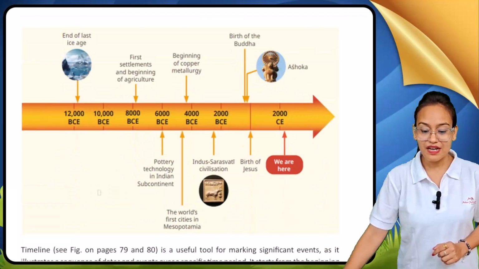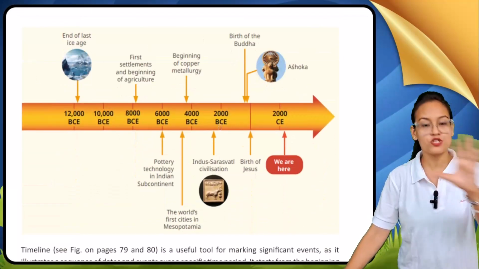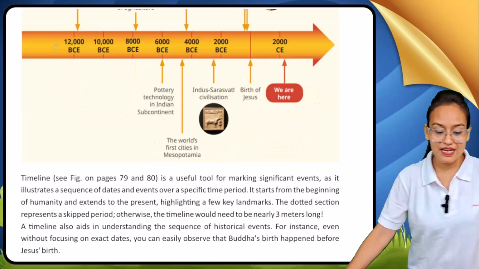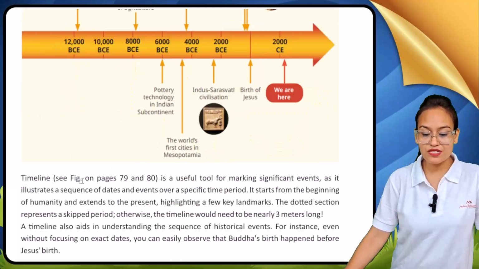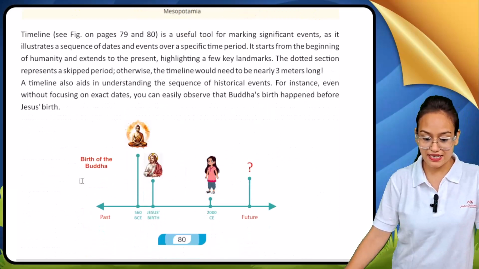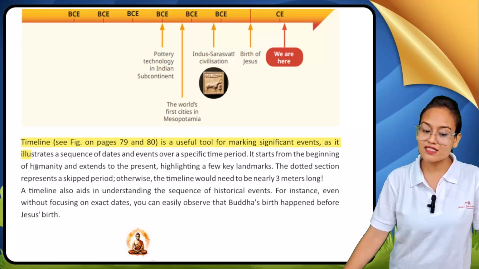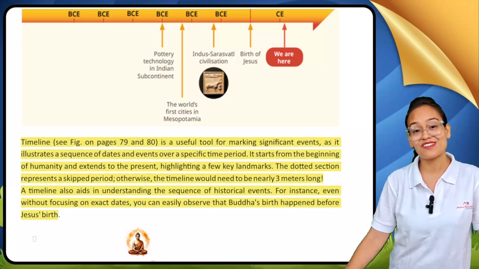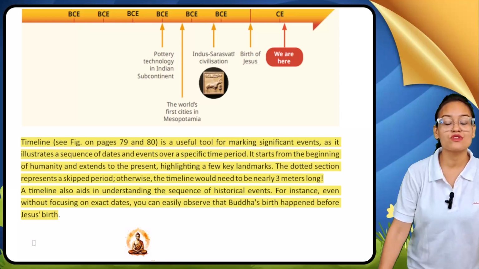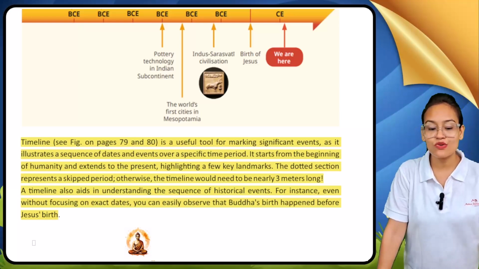Now here you can see the division of our timeline, on pages 78, 79 and 80. It is a useful tool for marking significant events. Without time we can't study history. If you want important knowledge about history, you must know about the timeline.